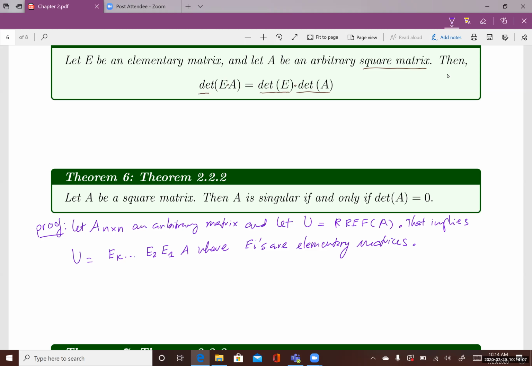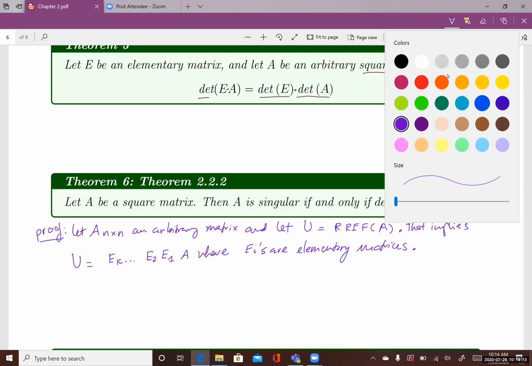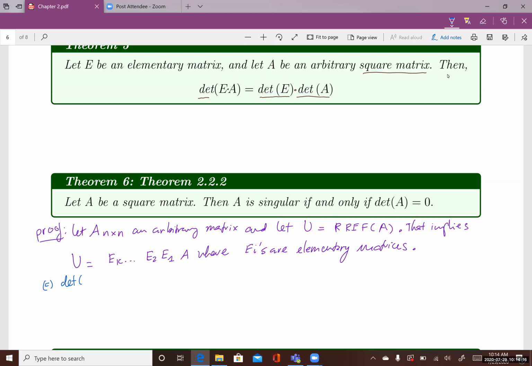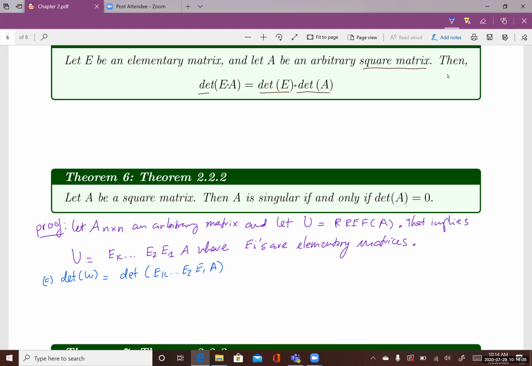Well, at this point, we know that the determinant of U equals the determinant of Ek, ..., E2, E1 and A. Because of these properties right here, you can separate this product into single determinants.